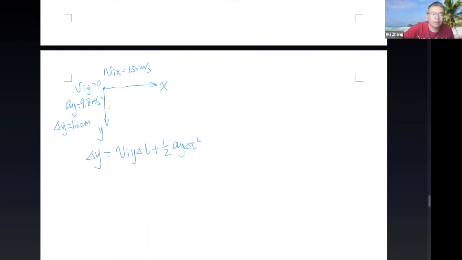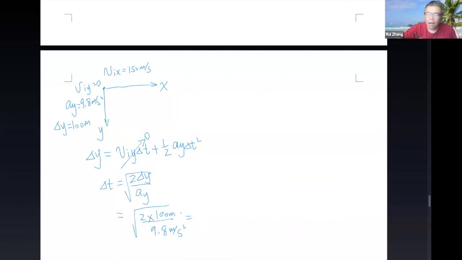In this case, v_iy is 0, so this term is totally gone. So delta t can be solved by delta t equals the square root of 2 delta y over a_y. So you have the square root of 2 times 100 meters divided by 9.8 meters per second squared.